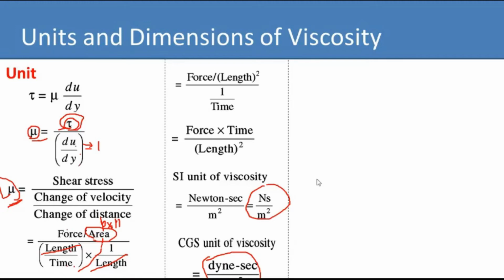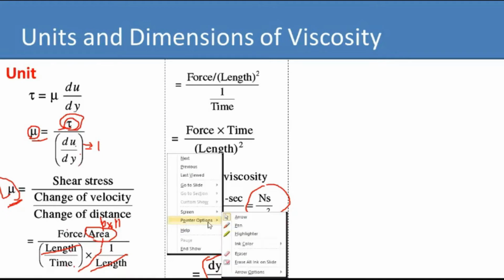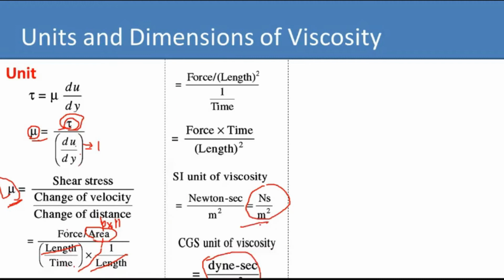After that, next is our dimension. Again, these are the standard units, but in addition to that, there are some industrial units. That means when you go into industry and you have to select some oil, the viscosity of the oil will be defined in poise.